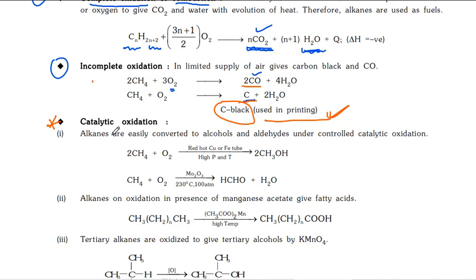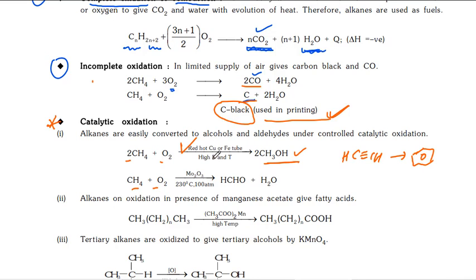Next, catalytic oxidation. The catalytic oxidation depends on the catalyst, which gives different compounds. That's why the catalyst is important. Here the reactants are the same, methane and oxygen, but with red hot copper and iron tubes, methyl alcohol is formed. The same red hot copper iron tubes will come in the alkyne chapter, where they produce benzene from acetylene.